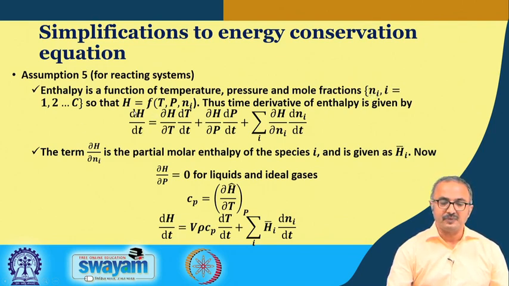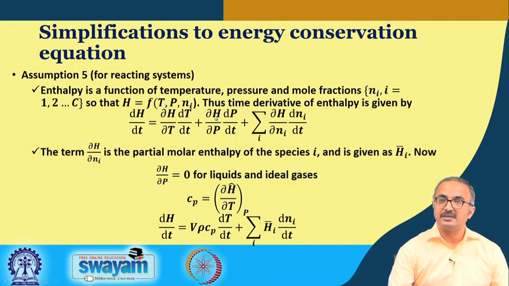So, for any kind of system, this is the way we can write in general for the enthalpy. And now, if we take the time derivative of this, we know from our basic mathematics that dH by dt will be equal to dou H by dou T into dT by dt.